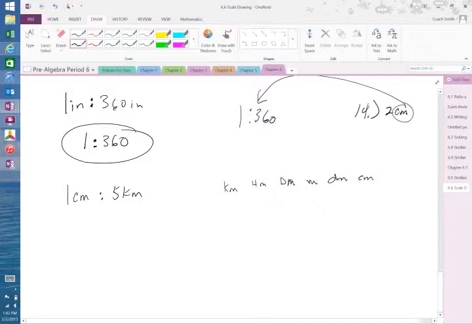Okay, so they want us to go from kilometers 1, 2, 3, 4, 5 places back. So that means you have 5 with 5 zeros after it.